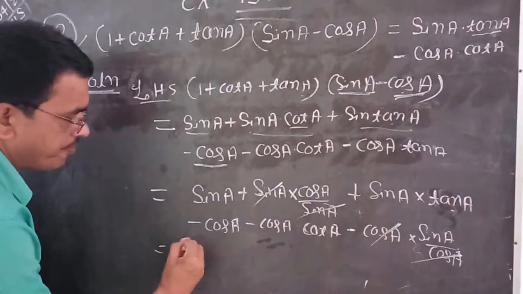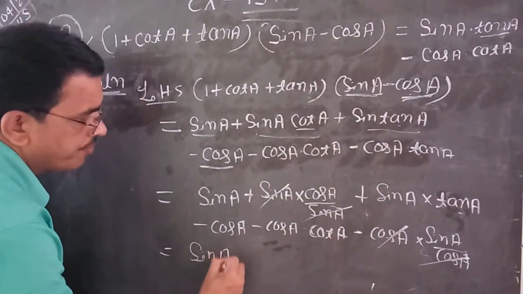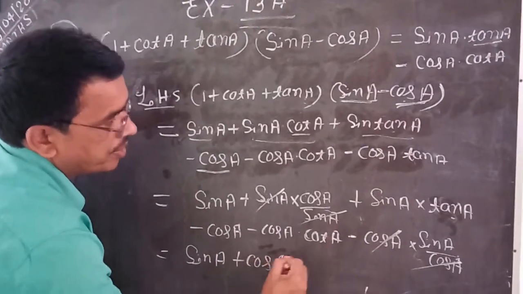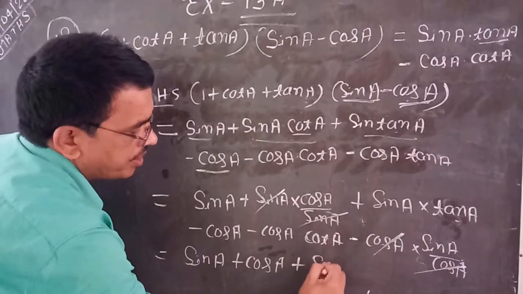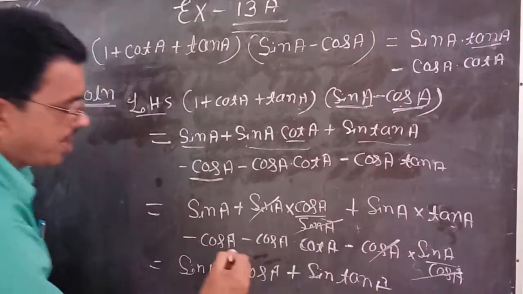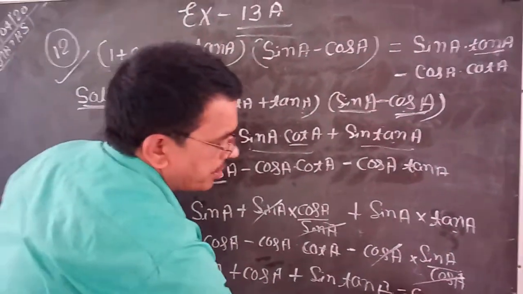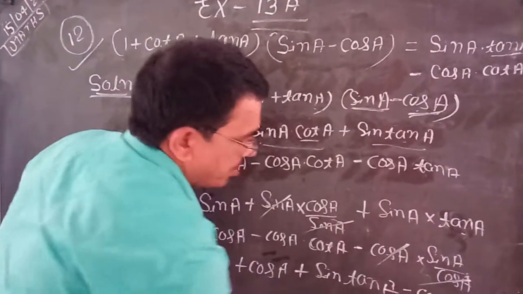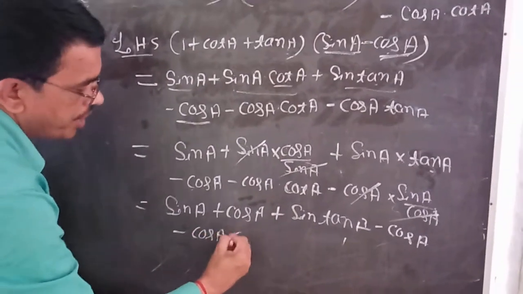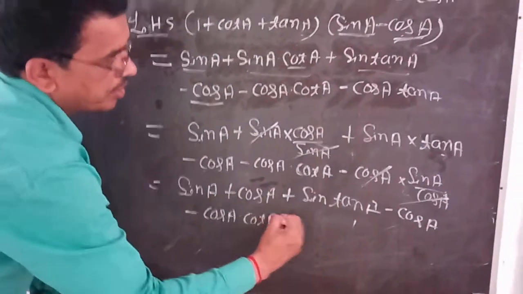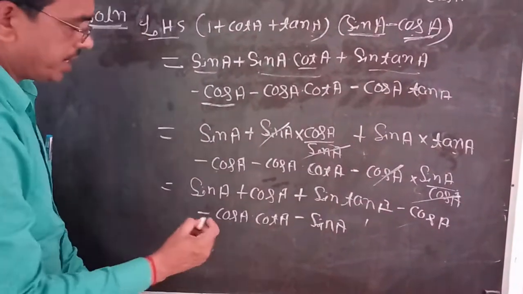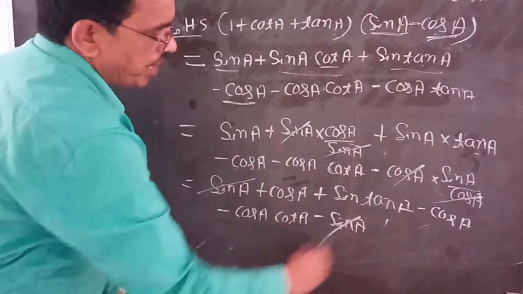Now last step, you write here sin A plus cos A plus sin A into tan A and minus cos A into cot A and minus sin A. You get sin A plus and this minus, cancel.